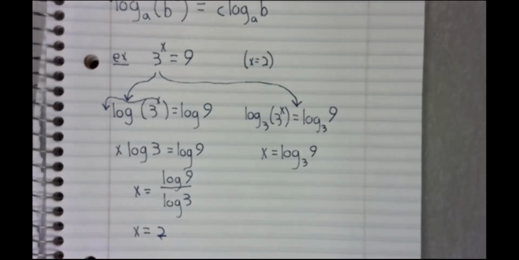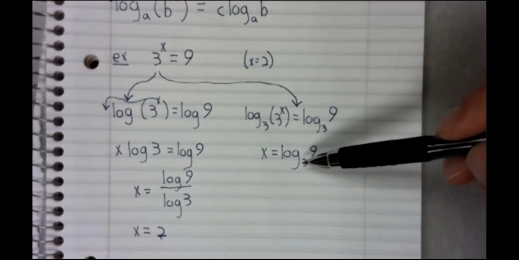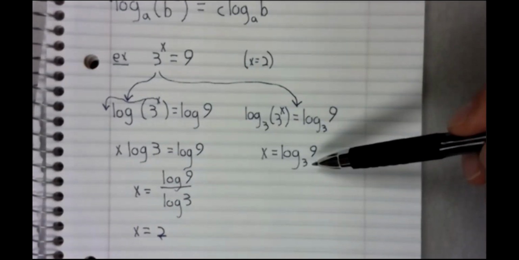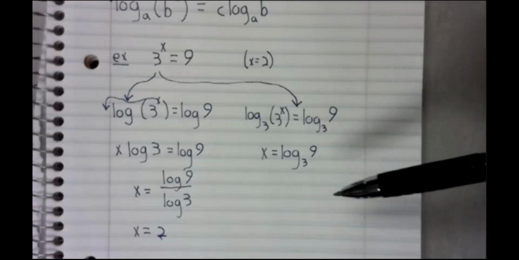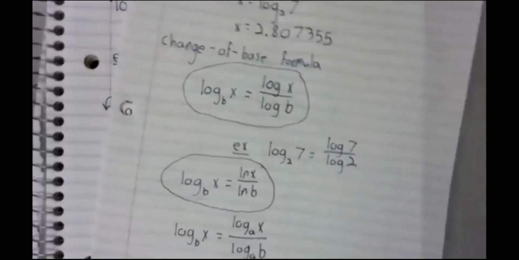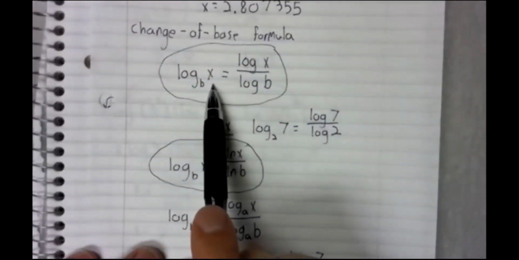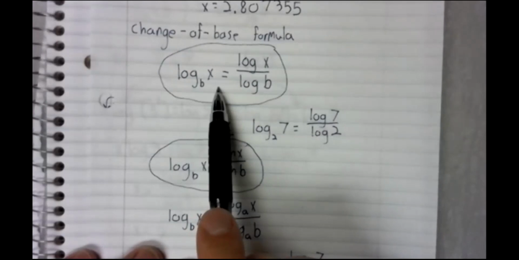Now, assume that you have an ordinary TI-84 calculator and not a later edition. You can't plug the log base 3 of 9 in there. So what could you do? Well, you could use the change of basis formula.